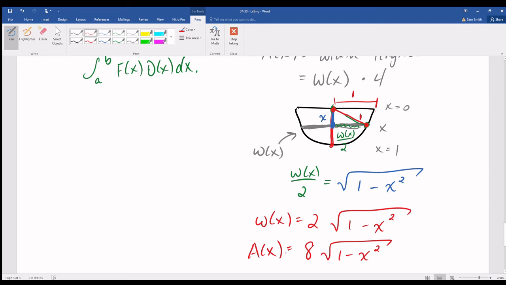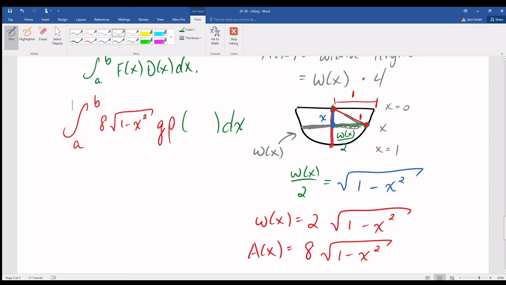So now that we have found a formula for the area, we have found practically a formula for the force: the integral from a to b of the area function, 8 times the square root of 1 minus x squared, times the acceleration due to gravity, times the density of water.